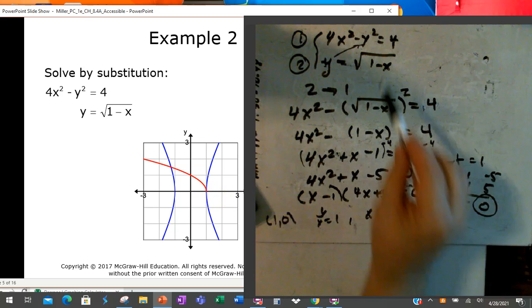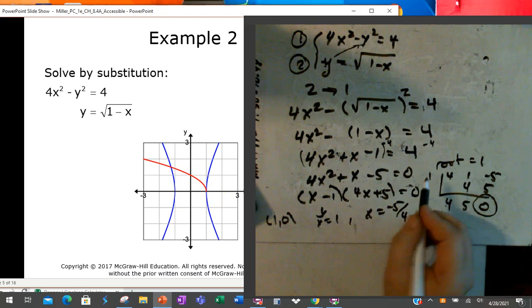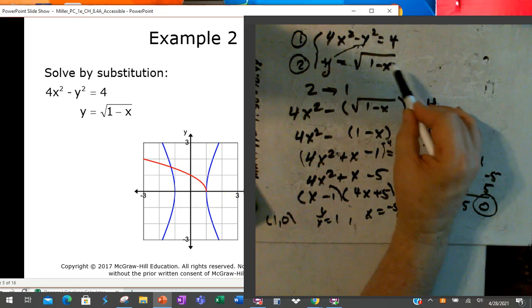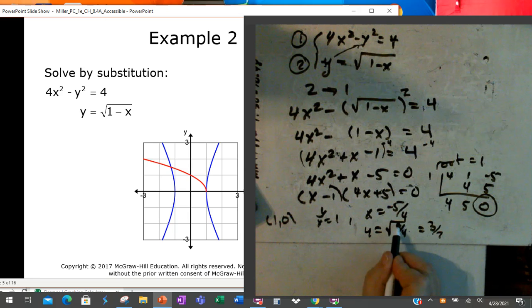And then 1 plus 5/4, this is 9/4, minus a negative 5/4, so that's plus 5/4. 4 over 4, 4 plus 5, so my y would be the square root of 9/4. Square root of the top, square root of the bottom is just 3/2. Okay, 1 1/2, right there for my negative 5/4.